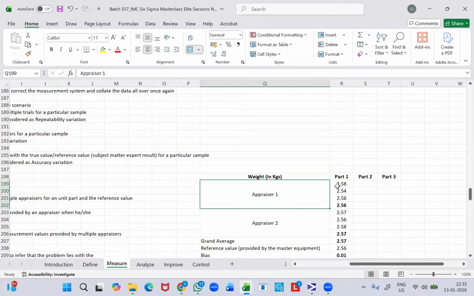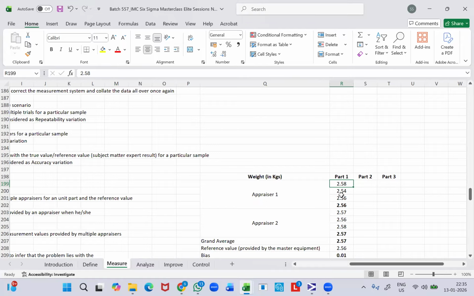And each appraiser will have to measure a particular sample unit a minimum of two times, just like we have trial one and trial two. So a minimum of two trials for each appraiser. Appraiser 1 will have to measure a minimum of 2 times, appraiser 2 will have to measure a minimum of 2 times.